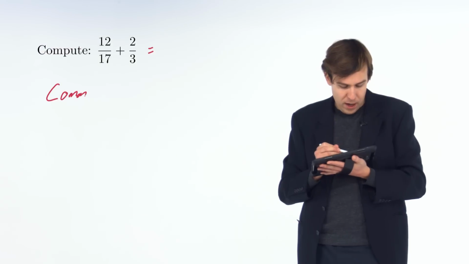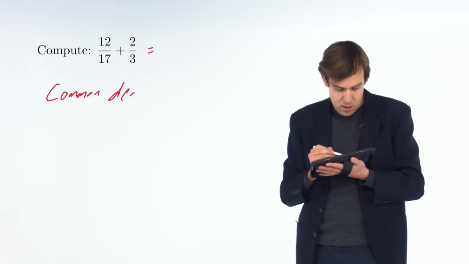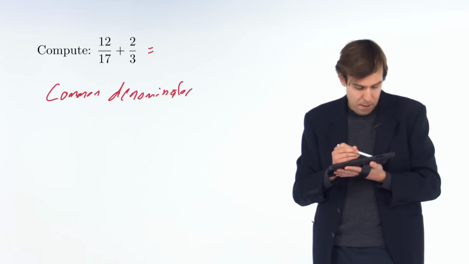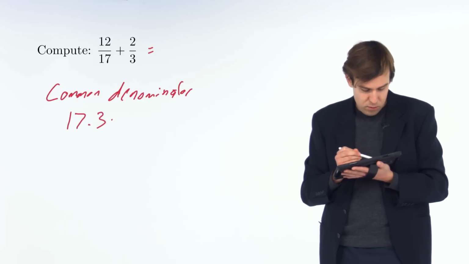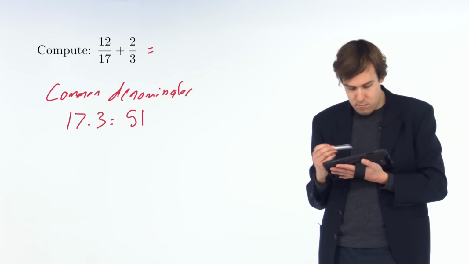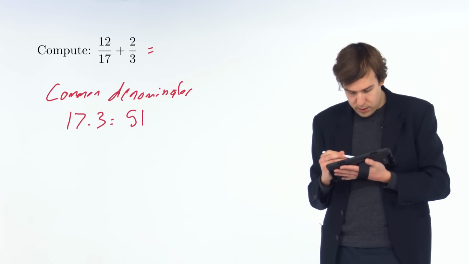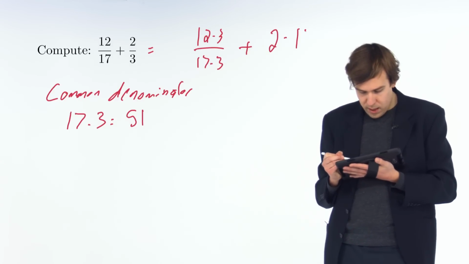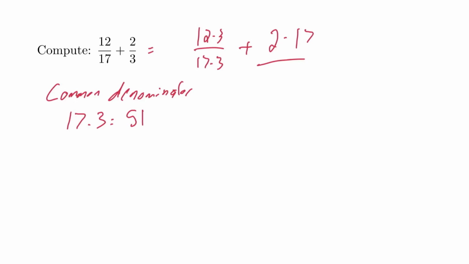So I need to find my common denominator, which is just the product of the denominators. So 17 times 3 is equal to 51. So what do I do here? I say 12 times 3 divided by 17 times 3 plus 2 times 17 over 3 times 17.